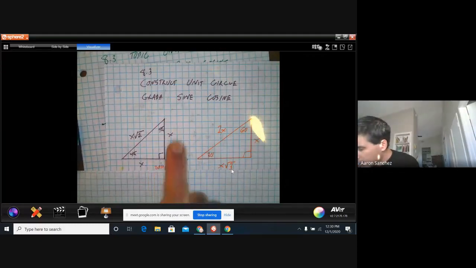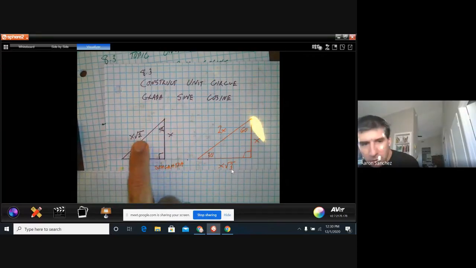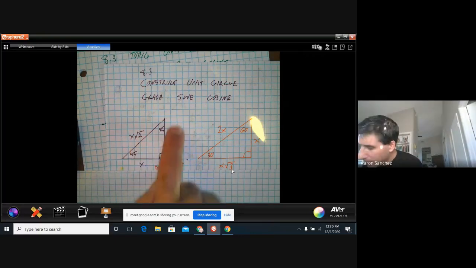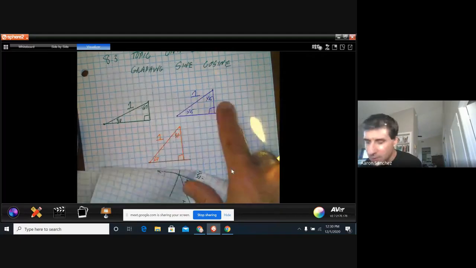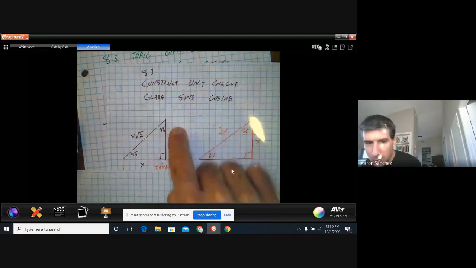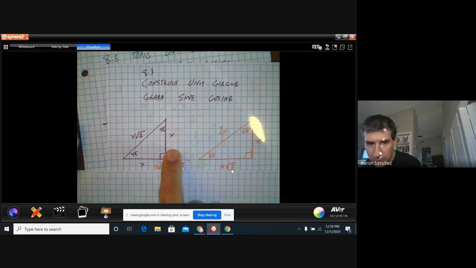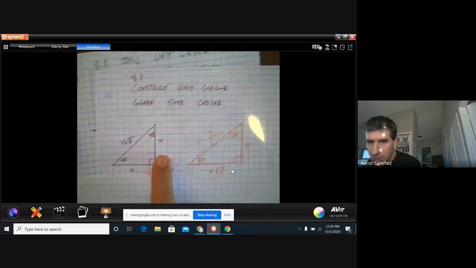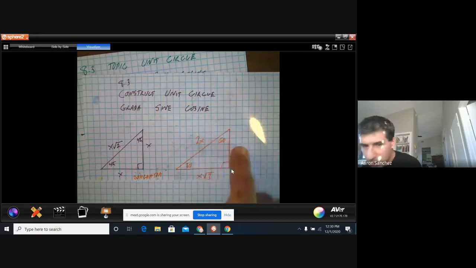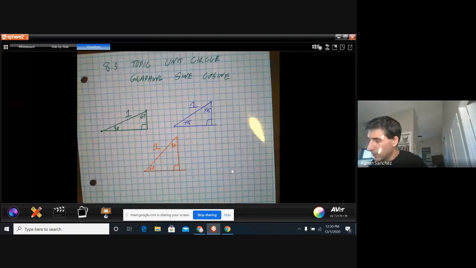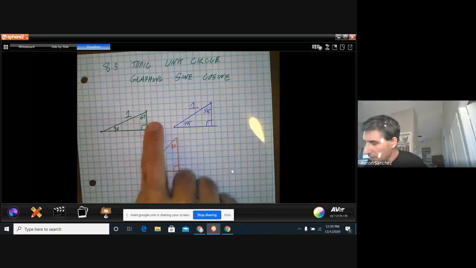If this is x, this is x, this is x square root 2, right? We multiply by square root 2 to go here, but if I want to figure out x, I divide by the square root of 2 to get this, right? For the 30, 60, 90, to get x, I multiply by 2 to go to the hypotenuse, so I divide by 2 to go here, right? Divide by 2. Okay, so my x is here.